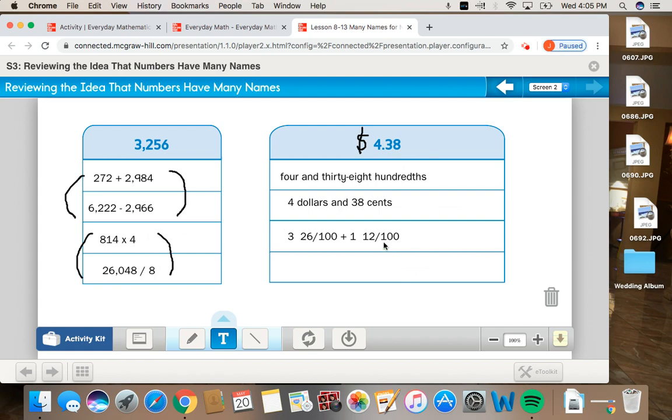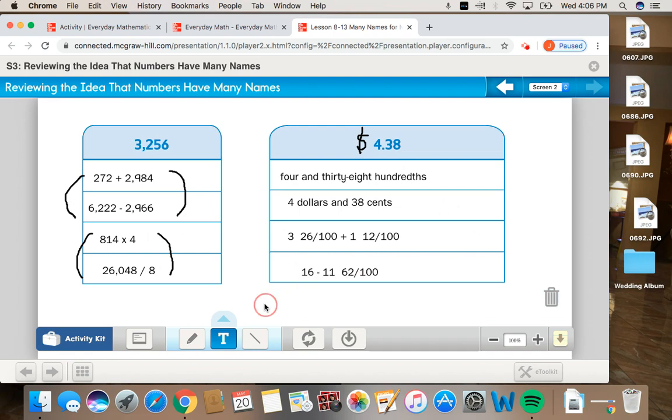Let's see, I can do a subtraction. For subtraction, I'm going to say, okay, I want to end up with 4 as my whole. I can do, let's see, 16 minus 11 and 62 hundredths.